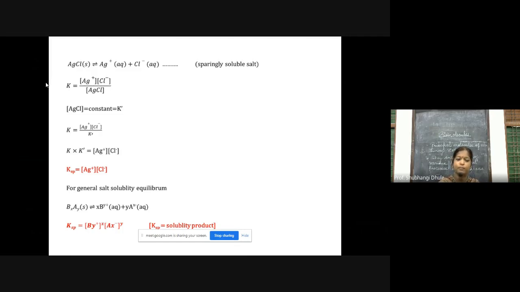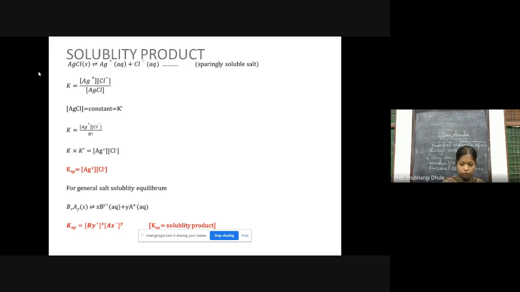This is the equation for the solubility product for a general sparingly soluble salt. Now using this KSP value, we can derive the equation for the KSP for different types of sparingly soluble salt. But before that, you must know about the solubility of the salt.